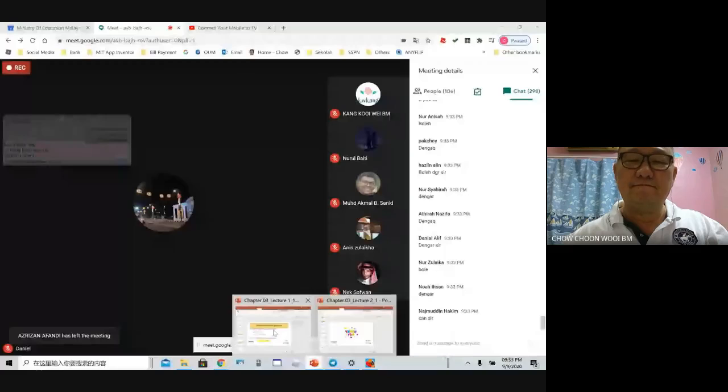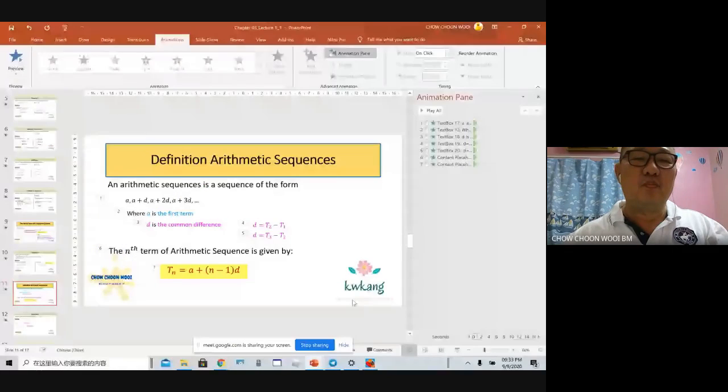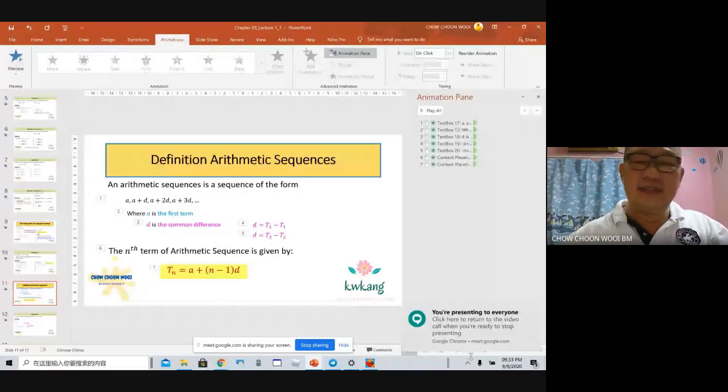Okay, kita sambung. Dengar tak? Boleh dengar? Oh, tak nampak skrin, lupa pula dah share. Okay, tadi sebab ada panggilan.